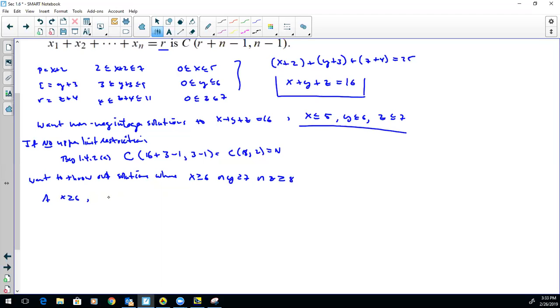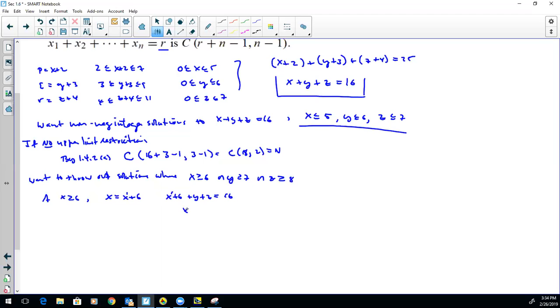If you go back and remember how you did this, you redefine x to be like a slack, x prime plus 6, so that you'd have x prime plus 6 plus y plus z equals 16.